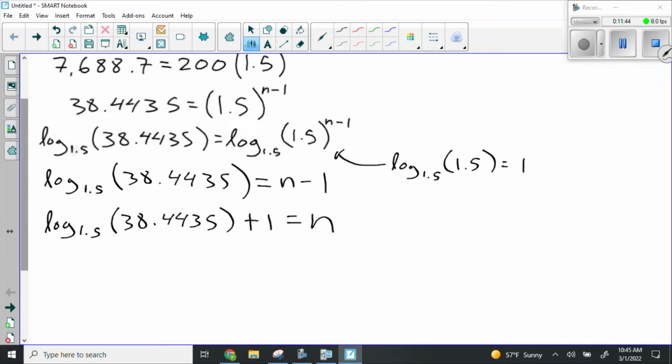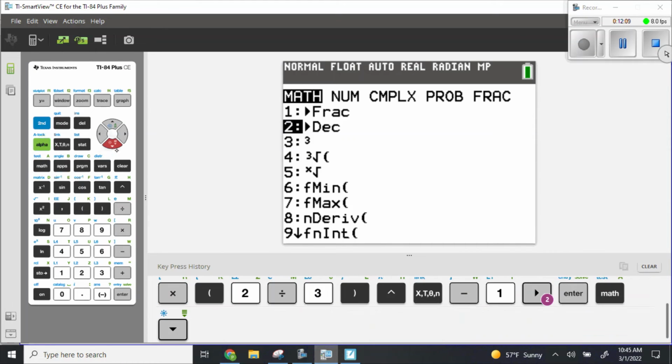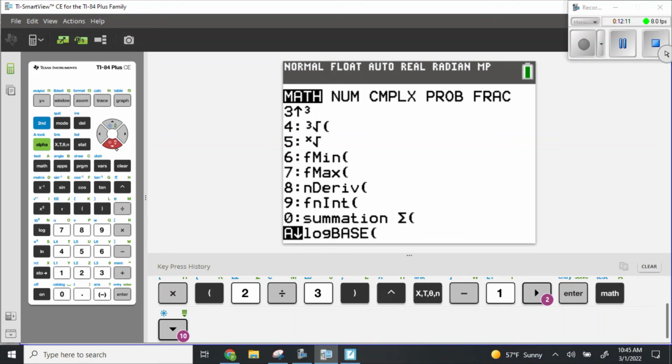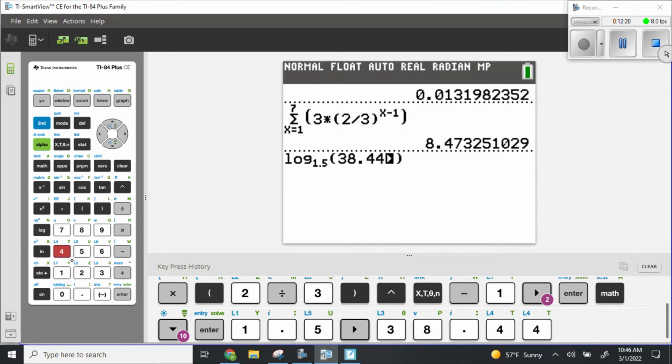Now we can just put that. So this is an exact answer, right? But that's not good because what we really need is a digit for what n is, right? Which term is it? So we'll put this into our handy dandy calculator. I'm going to get out my log base. Is that right? 38.4435.